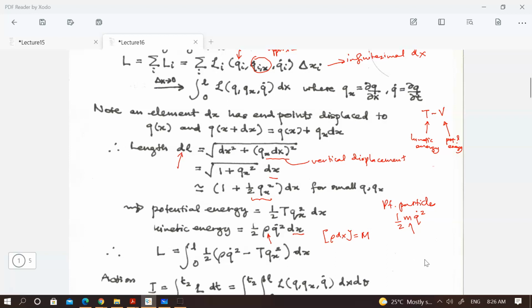Okay, so this term will be multiplied by a tension. Let me see how to think about this. This tension is essentially force per unit length.